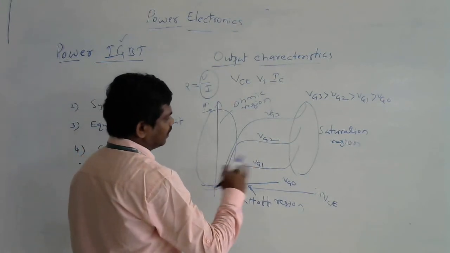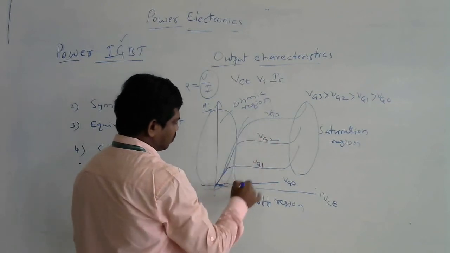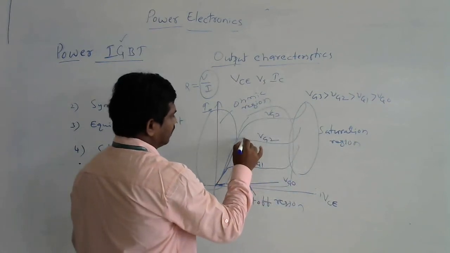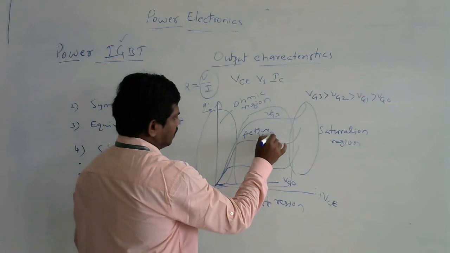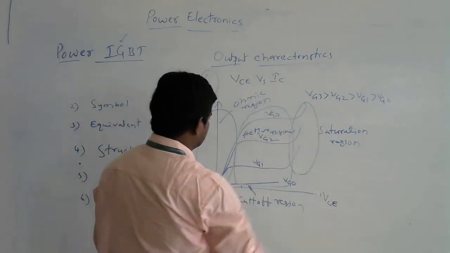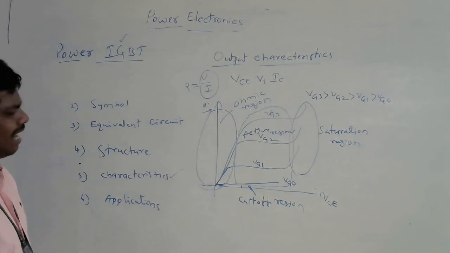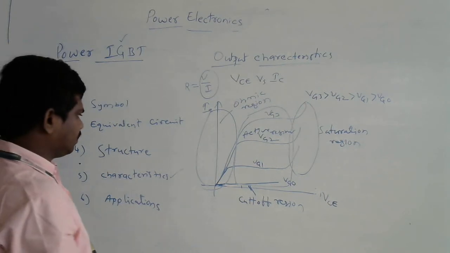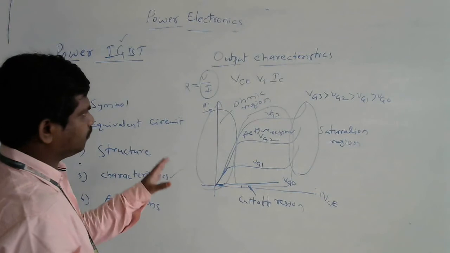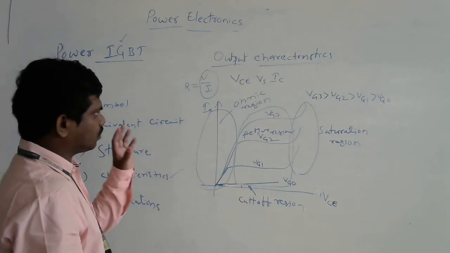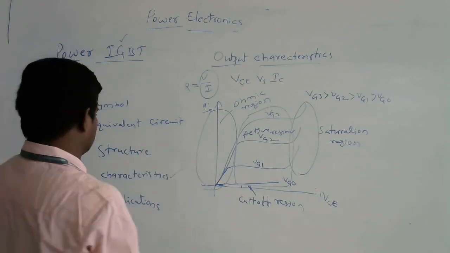This entire region is called the active region. So there are 4 regions that we can see in the output characteristics of the power IGBT, the same as the MOSFET. But the advantages of both BJT and MOSFET are taken into consideration to design the power IGBT.